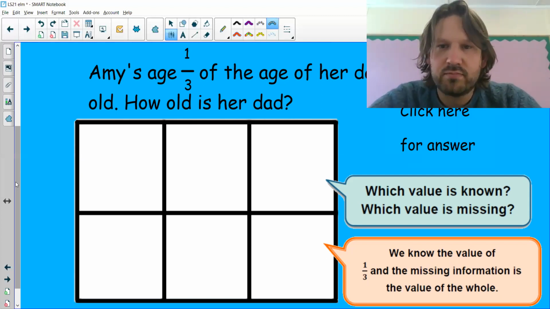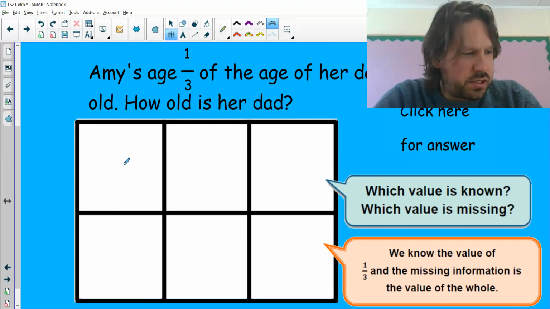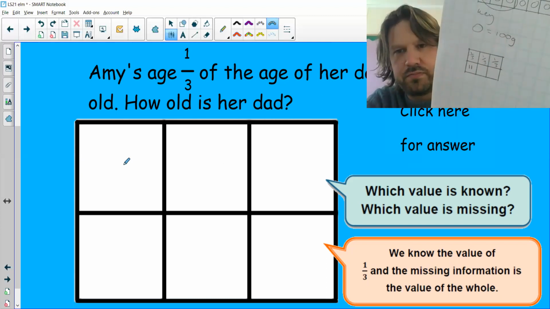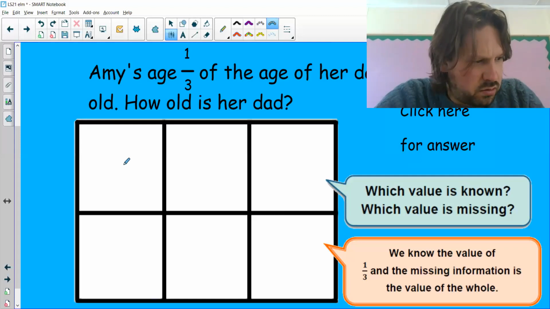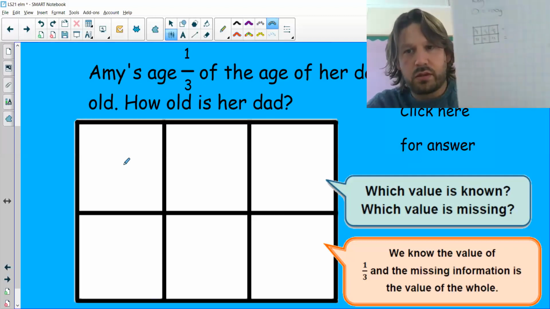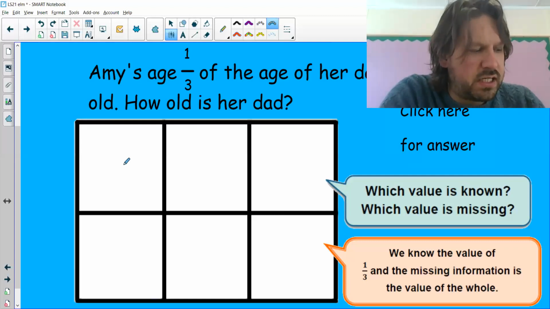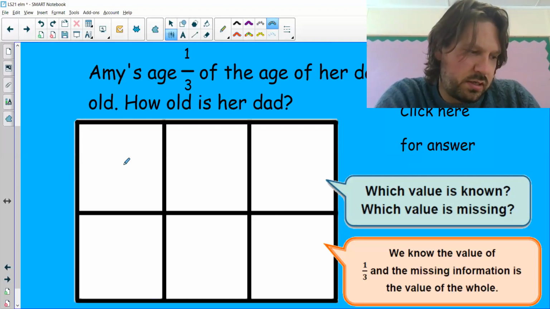Okay, so hopefully you've worked it out, and now you're back. So what I'm going to do, I know that all the top answers are going to be a third, because that's what I've split this bar into. Okay, so all of them are a third. I know that a third of this particular puzzle is worth 11. So I know that is all of these 11s added together. 3 times 11. 3 times 11 are, excellent, 33.